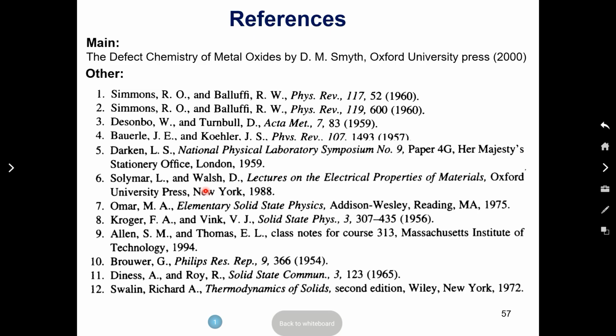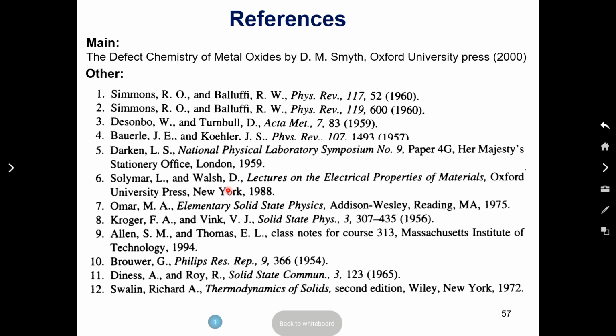So I gave you some references earlier on. We have some additional references for your point defects. Particularly, some of those would be good for your semiconductor-related point defects, like surfaces and interfaces and so on.